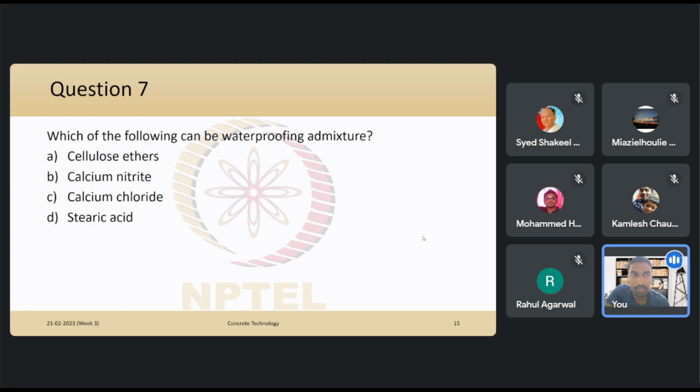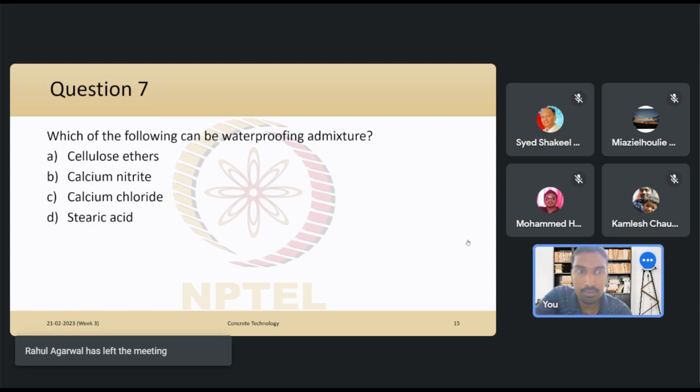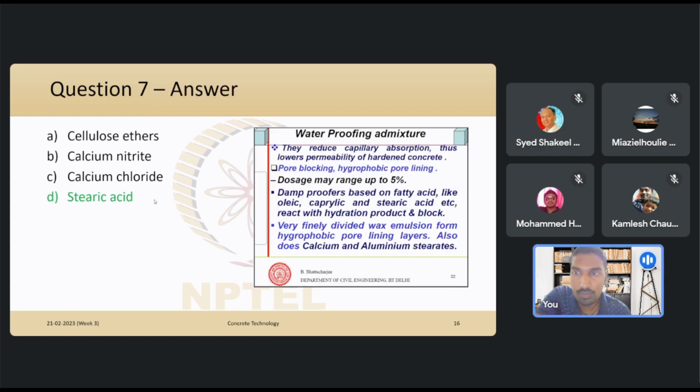Okay, we have 3 responses for option D. Okay, let's take a look at the answer now. The right option is option D, stearic acid, right?